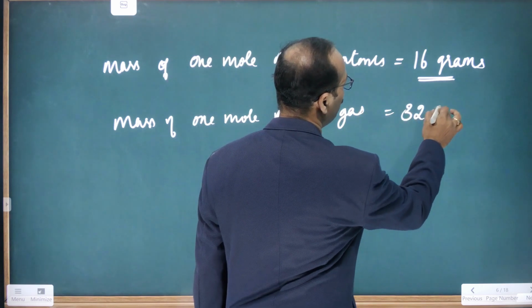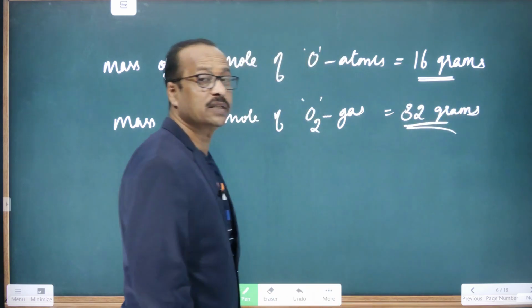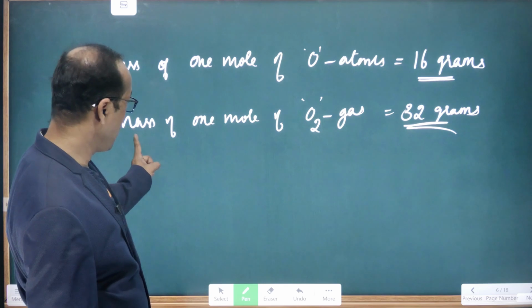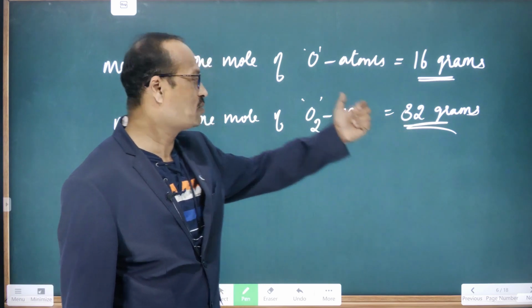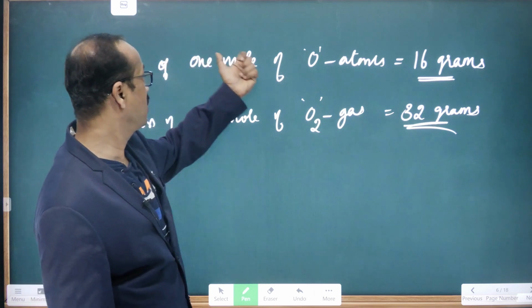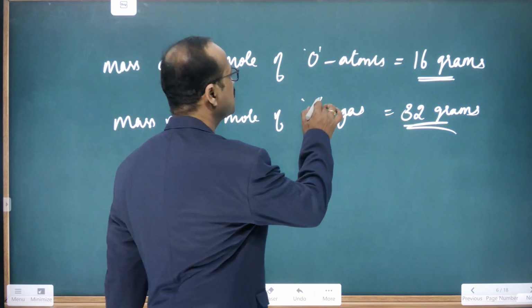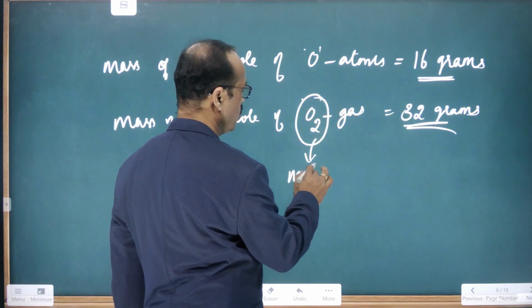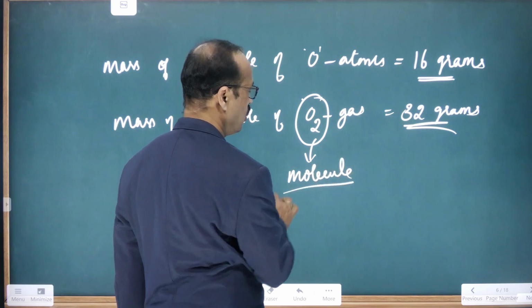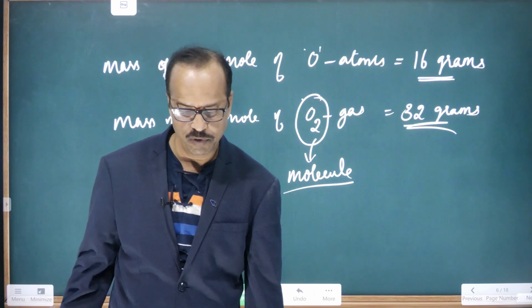So, 32 grams. The mass of 1 mole of oxygen gas is equal to 32 grams. The mass of 1 mole of oxygen atoms is equal to 16 grams. So, here oxygen is not an atom, but a molecule. Molecule means when atoms combine, that forms a molecule, right?